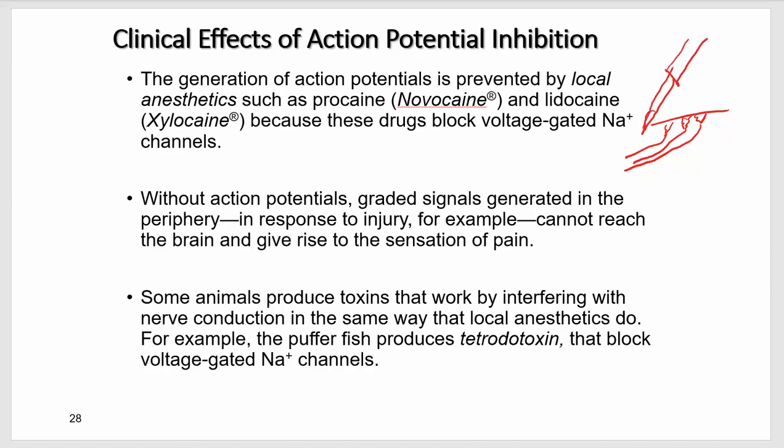I didn't know I was drawing that. It looks like a knife. But if we inject some lidocaine into this area and it blocks those voltage-gated sodium channels, then we have no signal. Okay.